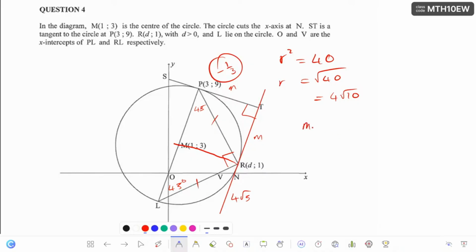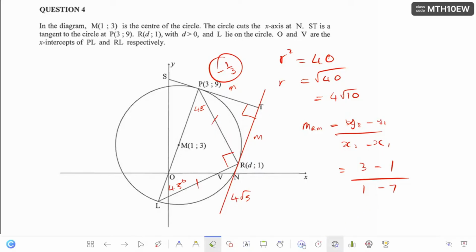So now we need to calculate the gradient. Let me calculate it here. Gradient of RM is equal to y2 minus y1 divided by x2 minus x1. So it is 3 minus 1 over 1 minus 7, which gives us -1/3.